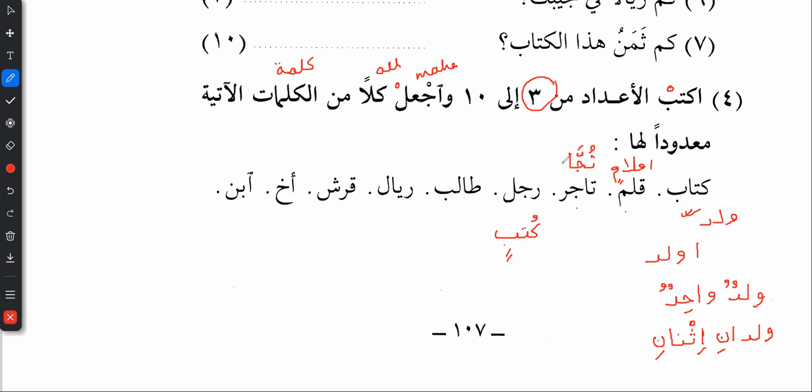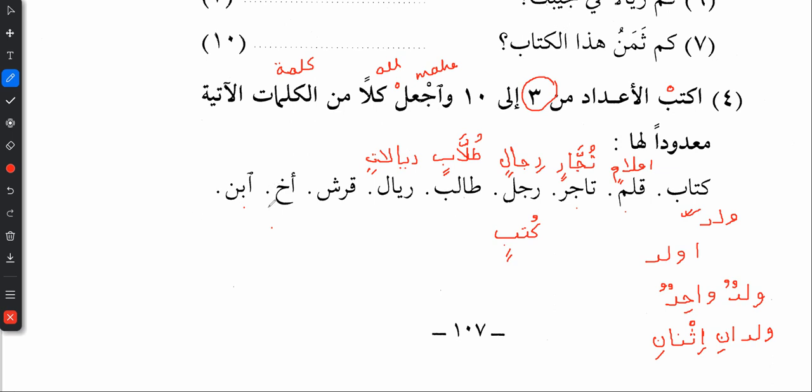Rajul, rijalin. Talib, tullabin. Riyal, riyalatin. So all is in the lesson. You can take kursh, qurushin, akh, ikhwatin, ibn, abna'i. So all are in the book. You can take from the lesson itself and write the numbers.